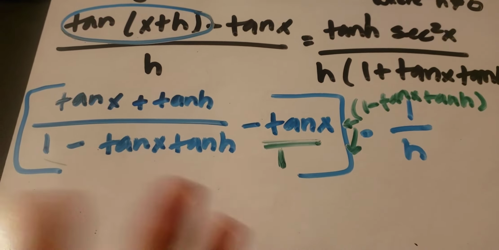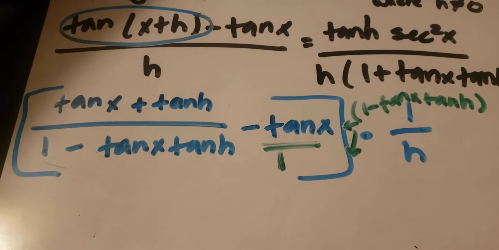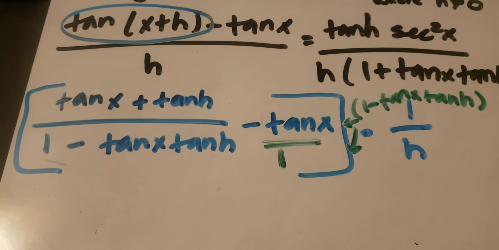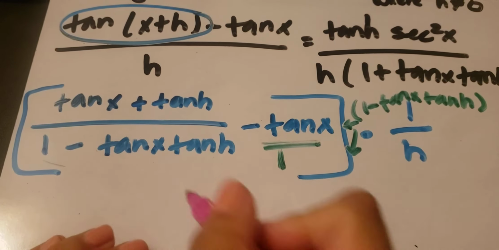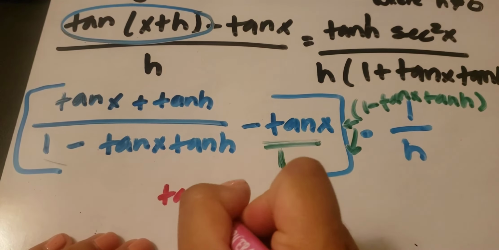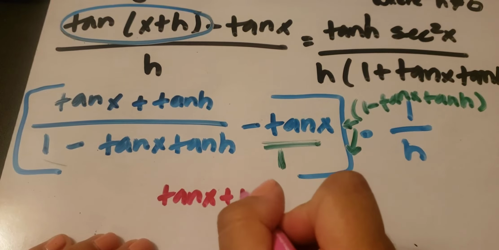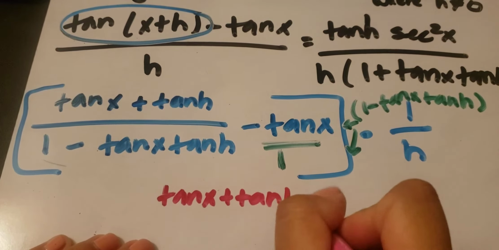I apologize, it got a little messy, so let me rewrite it and clean it up. Now I have tangent of x plus tangent of h.